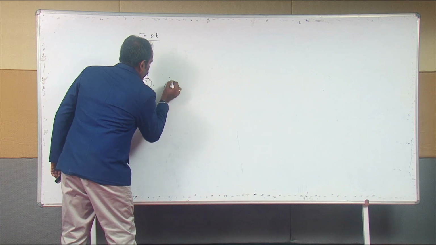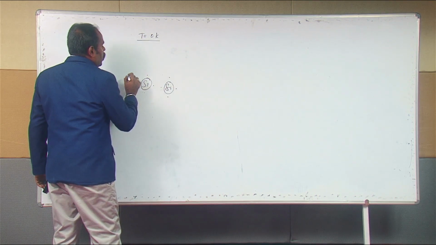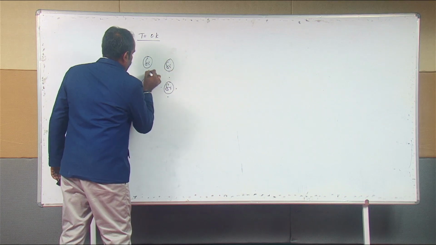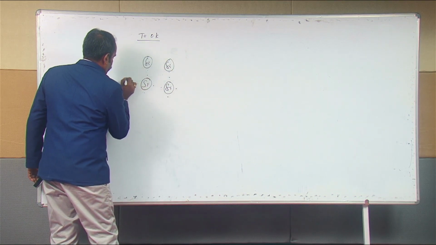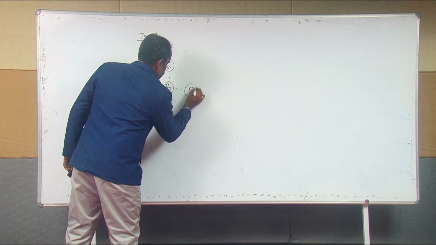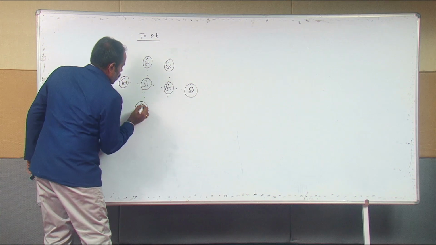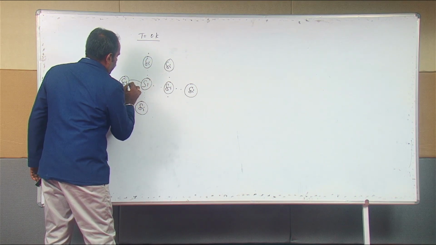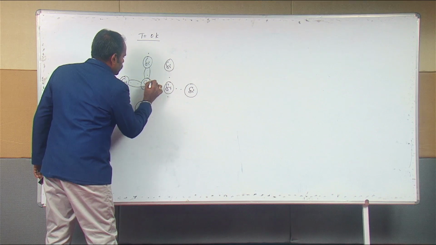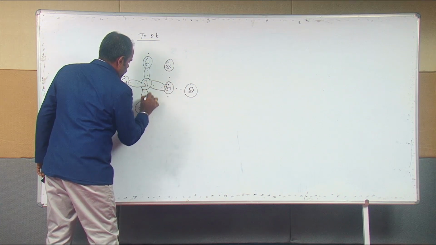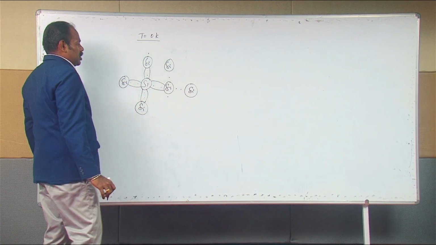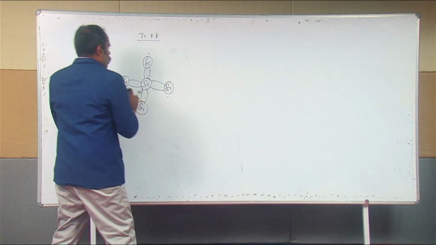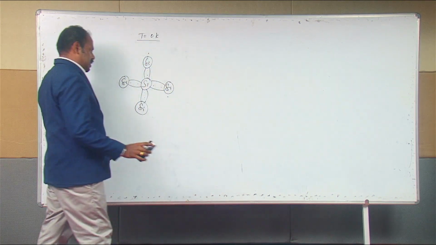So, what do we have? We have the 4 valence electrons belonging to each and every silicon atom. Okay. And all these 4 valence electrons will be mutually involved in covalent bond formation, and thereby, as you know, there are no free electrons available.